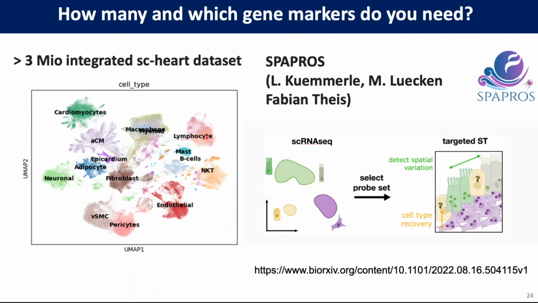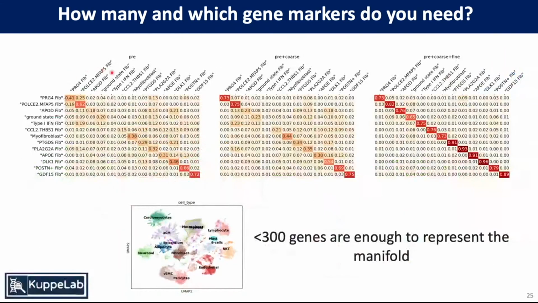cells. However, one would maybe guess that using this approach, you would need not only 100, but several thousands of genes to map out for, let's say, a 300 million single-cell heart data set. However, that's not true.